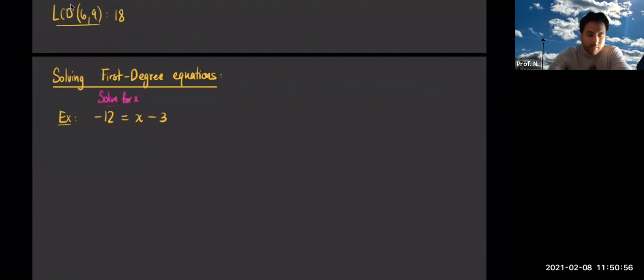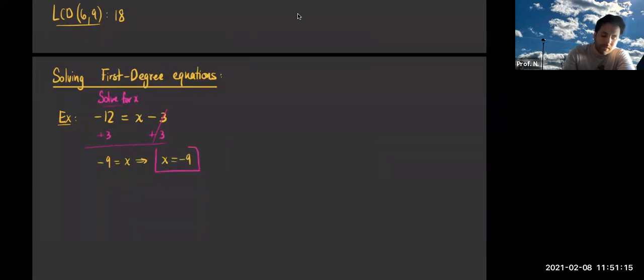How do we isolate it? What does that entail? Move negative 3. So how do we move a negative 3? We have to add, right? So we add 3 on both sides. And then I get what? I get negative 9 equals x, or in other words, x equals negative 9. So that's how we do it, right? We want to get x by itself.